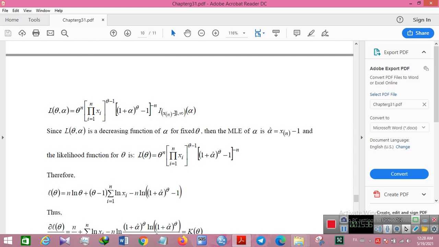So in this case, if we want to take this maximum and this maximum, first alpha hat should be in this interval, but because it is a decreasing function of alpha, alpha should take the minimum value, as here. If we put alpha hat in this likelihood function, we have the likelihood function only for theta.